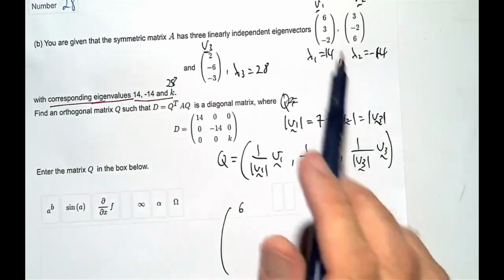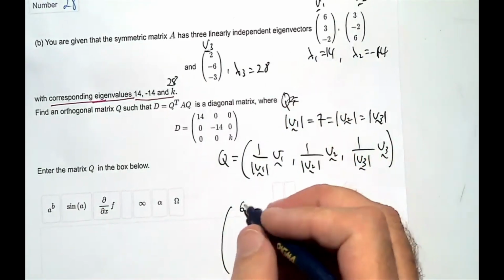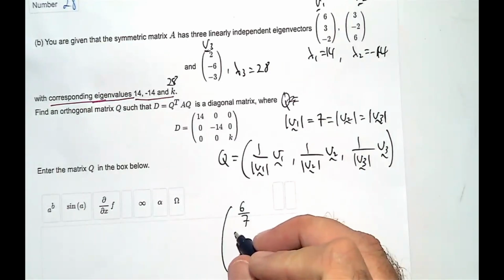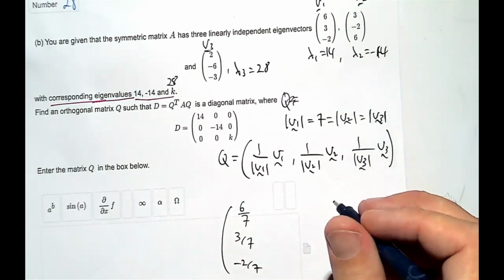Basically you divide each of these terms by 7 and put them into this box. Making sure you don't make a mistake, because when I'm doing it, I make a mistake all the time.